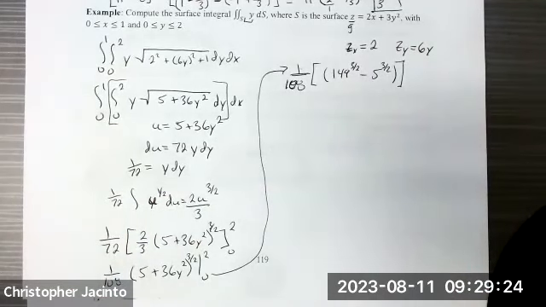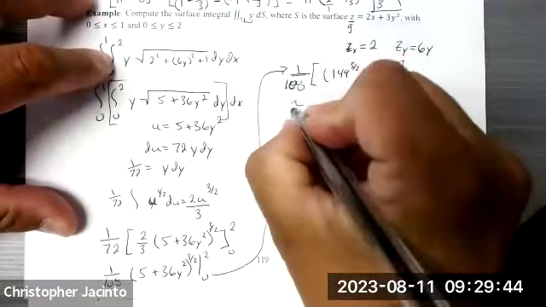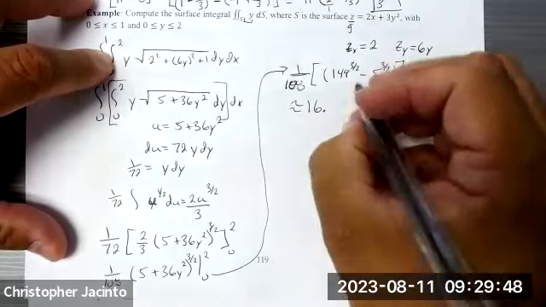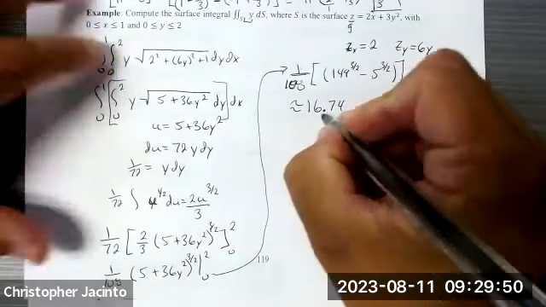So 149 raised to the 3/2 power, and then minus 5 raised to the 3/2 power, and since I'm at it, I'll just divide by 108. So I get approximately 16.74.